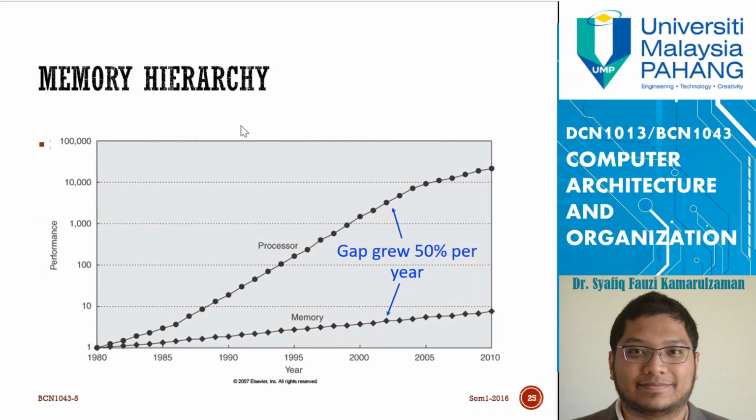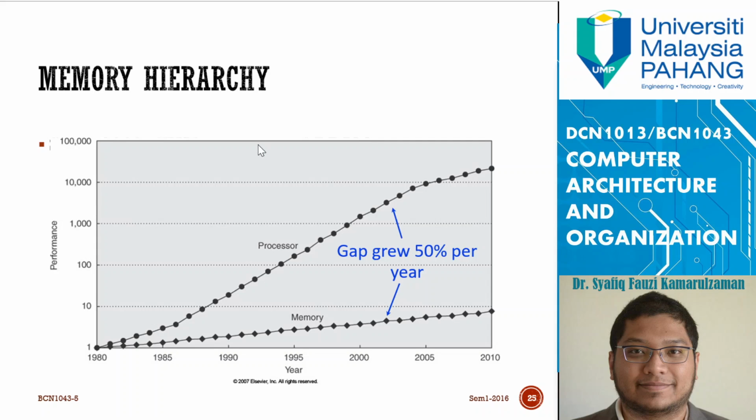The memory hierarchy is actually created due to the gap in processor technology over the years. According to Moore's law, we have a gap of 50% of technology growth between processor and memory.